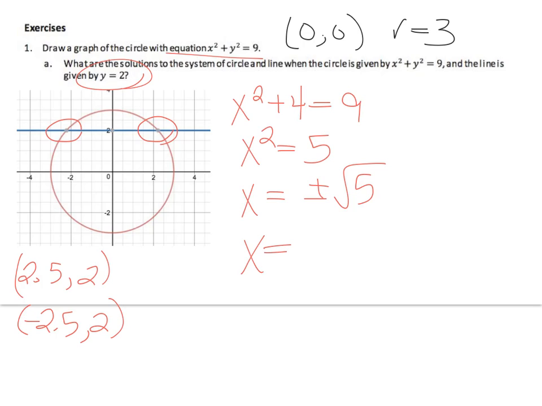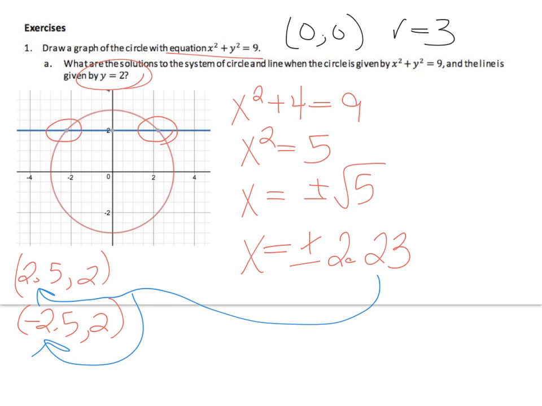So x equals plus or minus 2.23. And you'll see I am not correct. I am off by a few tenths. So algebraically is always going to give you a more accurate answer. But at least this sort of taught us where to head, where to focus in.